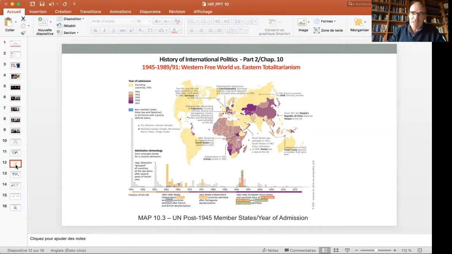In order to re-establish the violated sovereignty of Kuwait, in order, to put it differently, to defend the sovereignty principle as the basic norm of contemporary international society, the United Nations authorized all its members to take all those actions necessary in order to force Saddam Hussein to withdraw his troops.